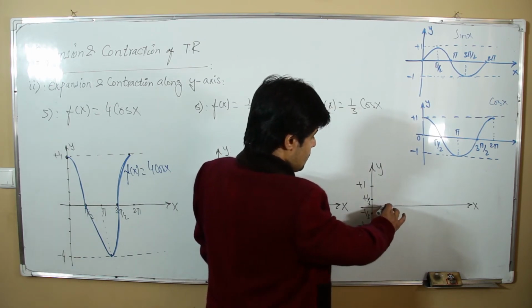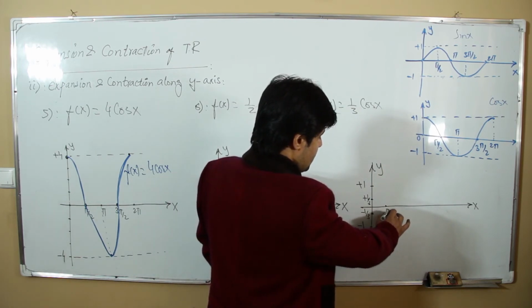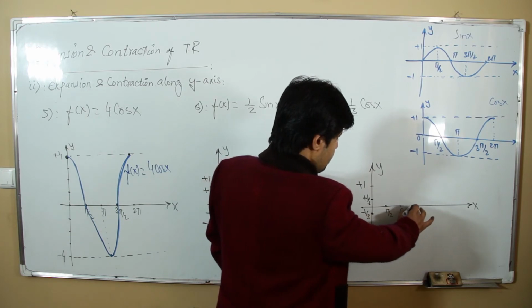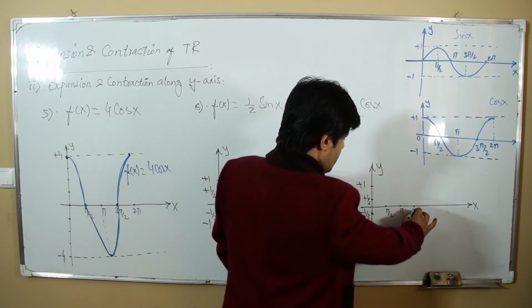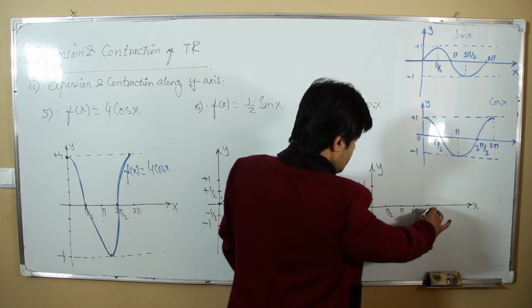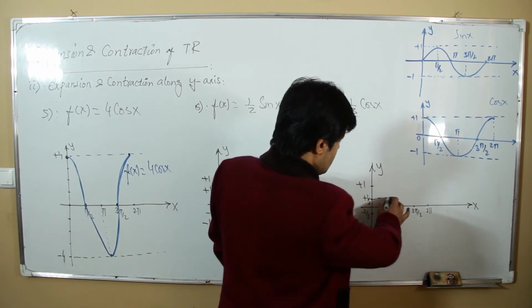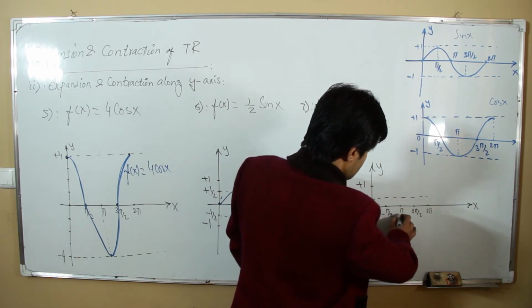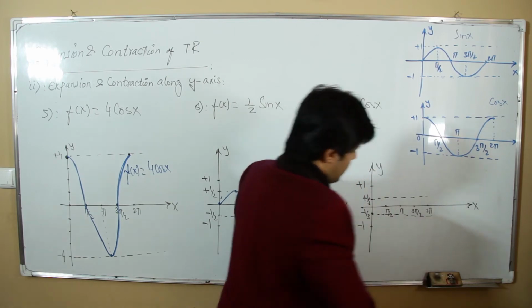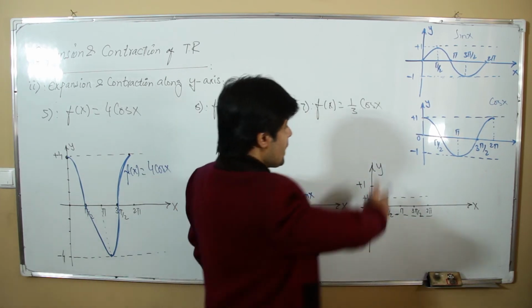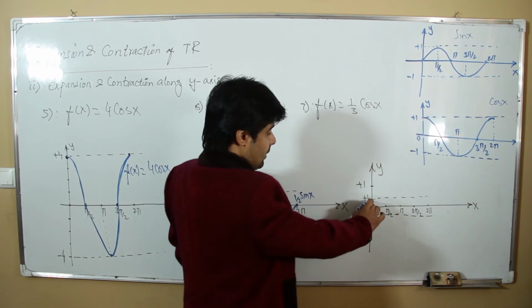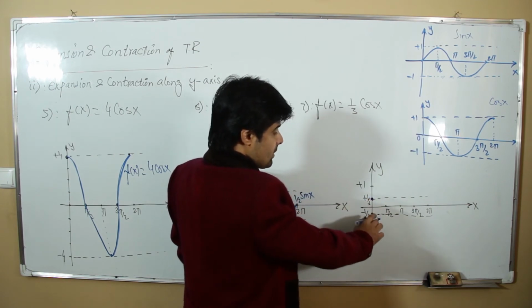This is 0. This one is pi by 2, pi, this one 3 pi by 2 and 2 pi. Now between these lines we have to make our graph. Cosine starts from positive 1, here from positive 1 divided by 3.